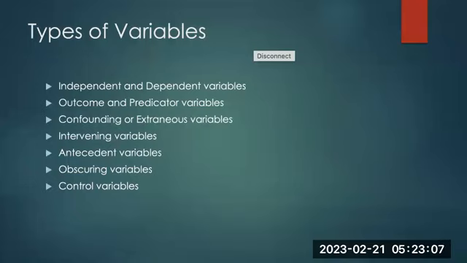So let's talk a little bit about the different types of variables. In the textbook, the author discusses different types of variables. One of them is called independent and dependent variables. Dependent variable refers to the variable whose variation the researcher is most interested in understanding and explaining.